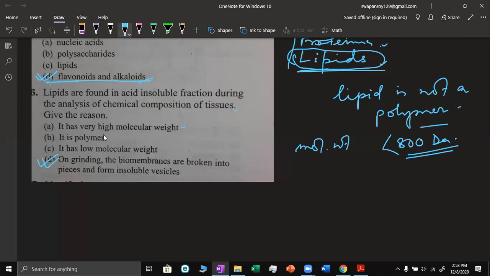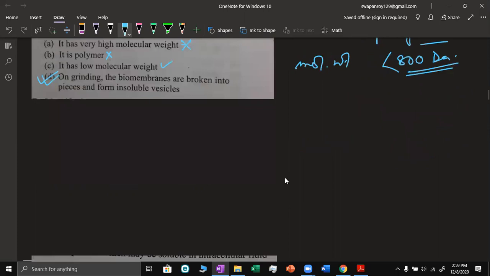It is a polymer? No, this one is not a polymer. Very high molecular weight? No, it has a low molecular weight. That is true. But the main cause why it is found in the acid insoluble portion is the nature of the molecule.